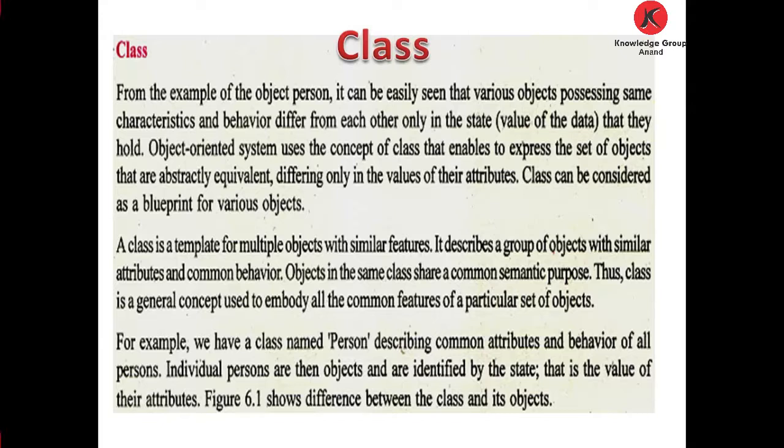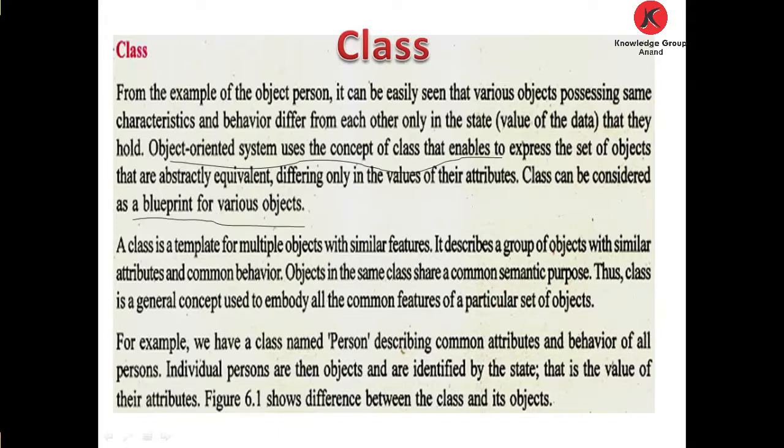Remember, object-oriented systems use the concept of class that enables us to express the set of objects that are abstractly equivalent, differing only in the values of their attributes. A class can be considered as a blueprint for various objects.